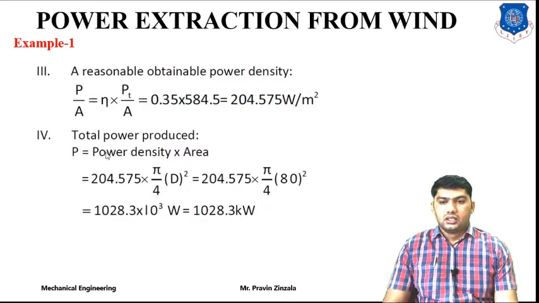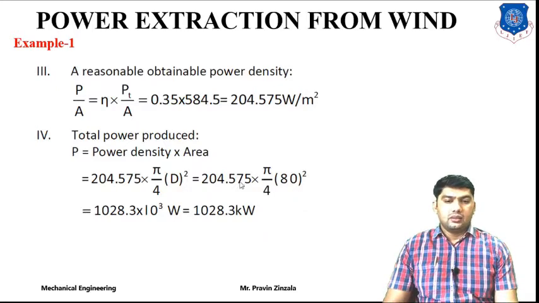Fourth one is total power produced, means power density into area. And here we are considering the reasonable power density, 204.575, into area. And area is equal to pi by 4 d square. In the problem, we are also given the diameter of the wind turbine, it is 80 meter.